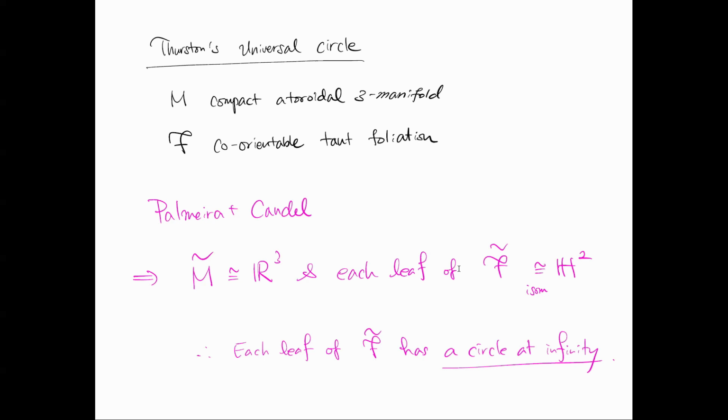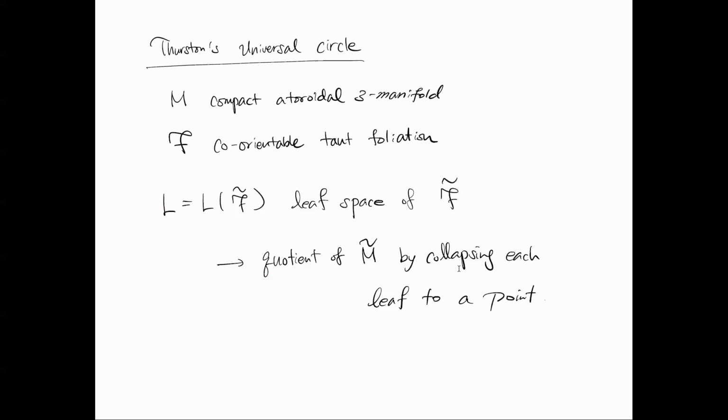So topologically it's a plane, and using this metric, it's a hyperbolic metric. So each leaf now is considered as a hyperbolic plane. From that, we know that each leaf of F tilde has a circle at infinity, the ideal boundary of the hyperbolic plane. Now I'm going to use L to denote the leaf space of F tilde.